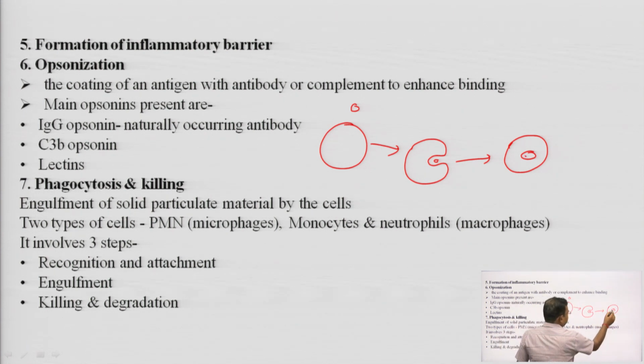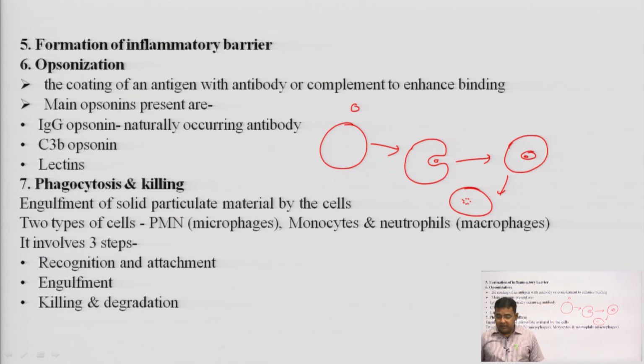The antigen which was there outside will gradually be engulfed by the cell and go inside the cell and then it will disintegrate. Because of the presence of different enzymes, the cell will degrade the antigen, means it will kill the antigens, whether bacteria, virus, some damaged cells or pollens, whatever. So, engulfment of solid particulate material by the cells.